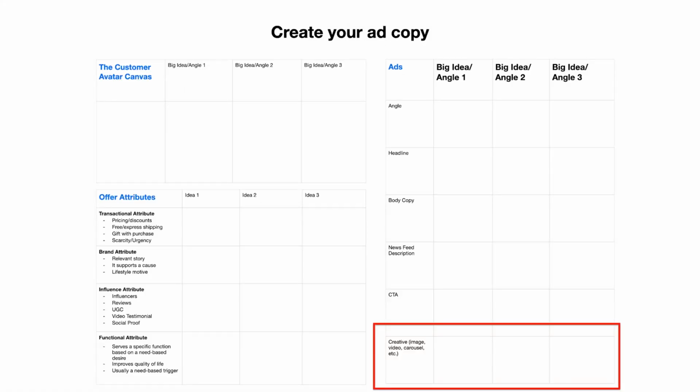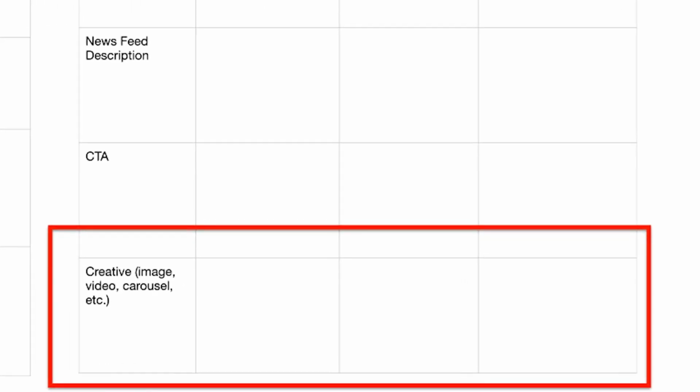Let's take a look again at the worksheet that I included in this lesson. You could see in the section where we're talking about the structure of the Facebook ads, there's a row at the very bottom called creative. In this section, you want to be listing out the different types of creative that you would test with each of these ad angles.